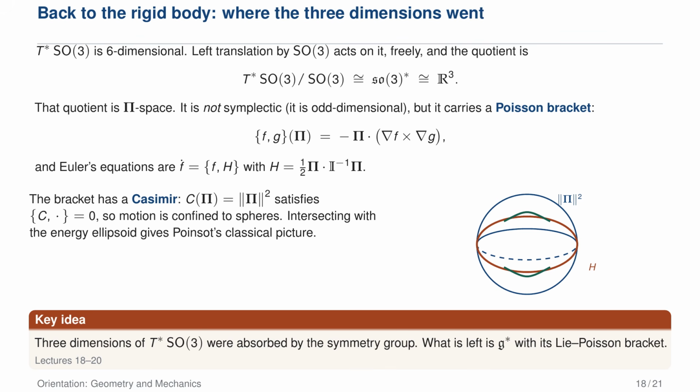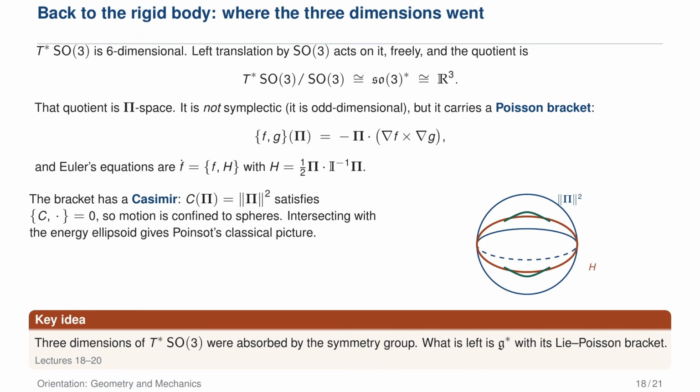The quotient is not a symplectic manifold. It is odd-dimensional, so it cannot be. But it does carry a Poisson bracket given by minus pi dotted with the cross product of the two gradients. And Euler's equations are exactly the statement that the time derivative of f is the Poisson bracket of f with the energy.